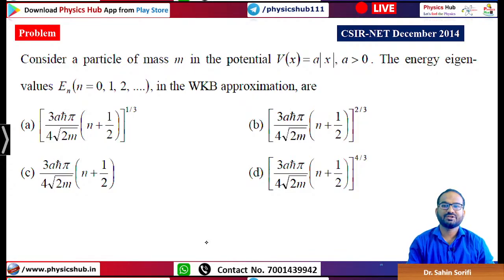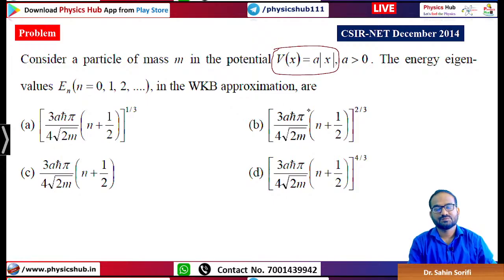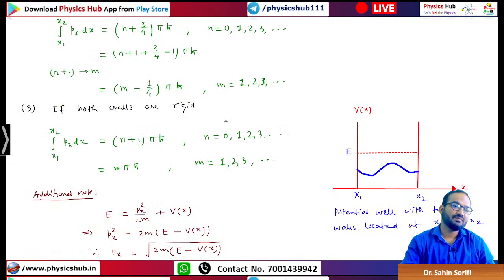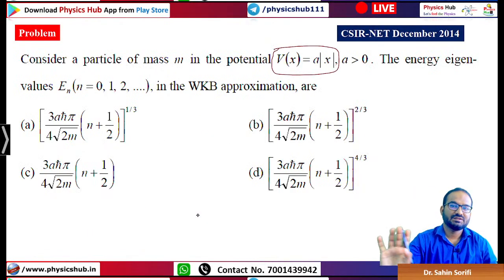So what do you require if you want to apply the WKB approximation? We require these classical turning points x1, x2. We need p, which we can easily find out using this formula. So let's try to do this.